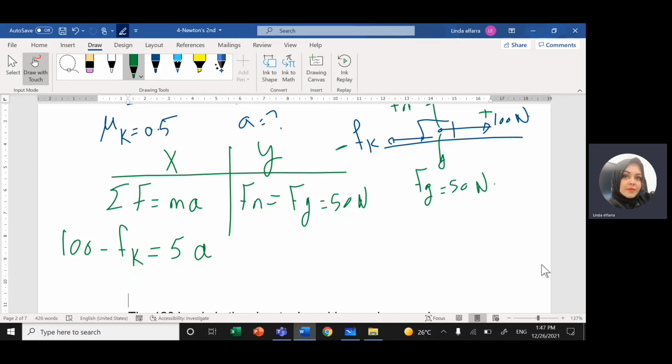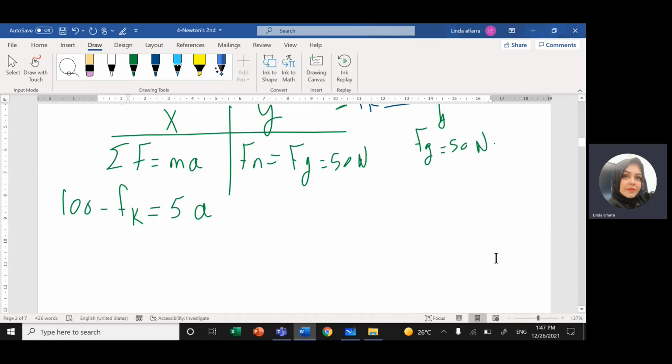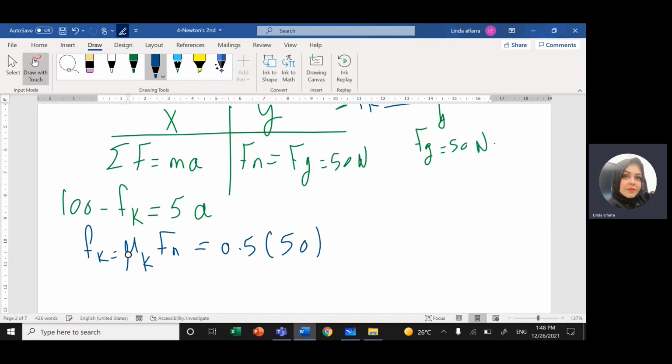We don't know the value of the acceleration, but we know Fk is mu k times Fn. Mu k is 0.5 and Fn is 50. 0.5 times 50 will give me 25 Newton.